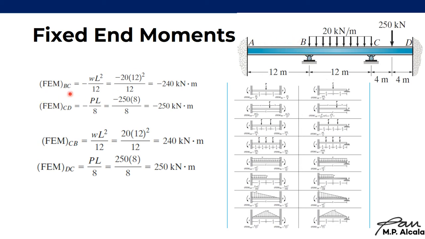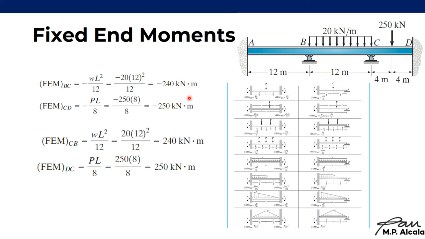So let's look at FEMBC. That will be a distributed load all over, so we have here omega L squared over 12.